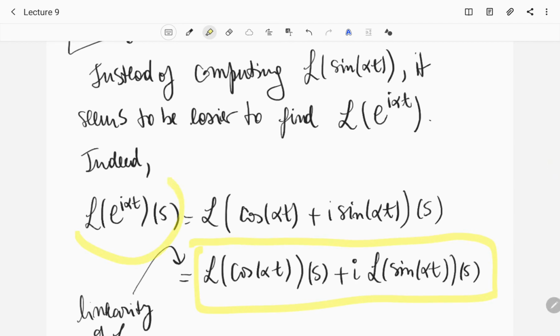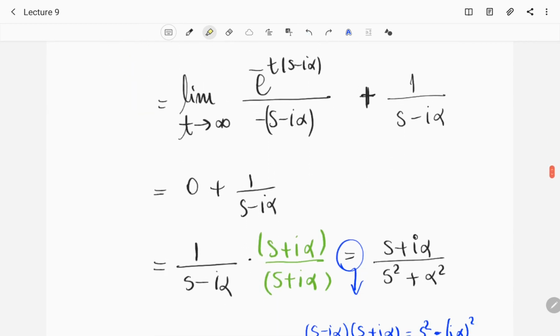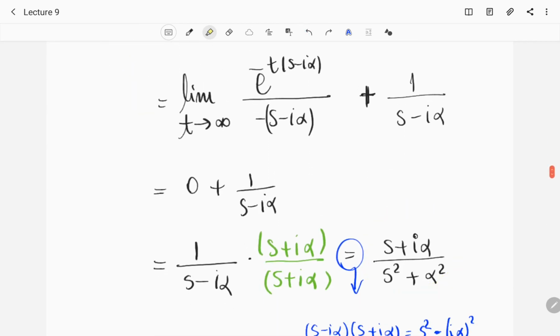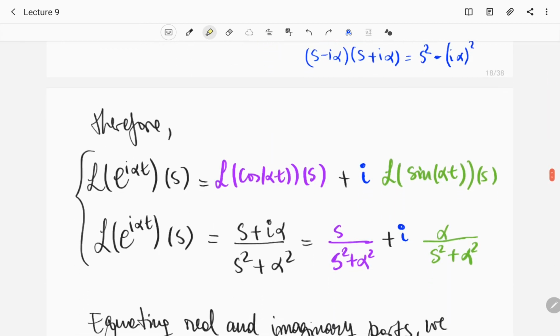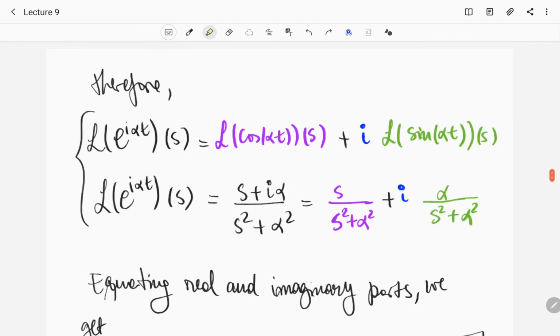But then we use the Laplace transform definition to compute this guy, and we got this expression here. So now if we put the information together, in one hand, we have this expression, the Laplace transform of the cosine of alpha t, the Laplace transform of sine alpha t, with this plus i.